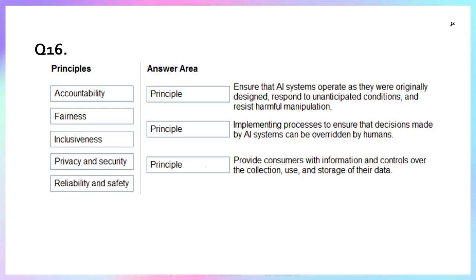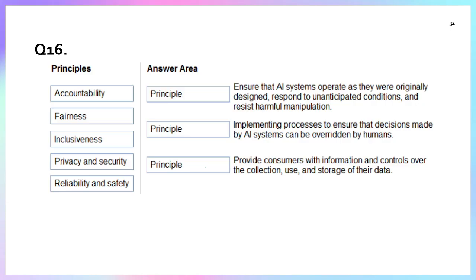These are the AI principles, and on the right hand side we have statements. Let's read the first statement: ensure that the AI system operates as originally designed and responds to unanticipated conditions and resists harmful manipulation.